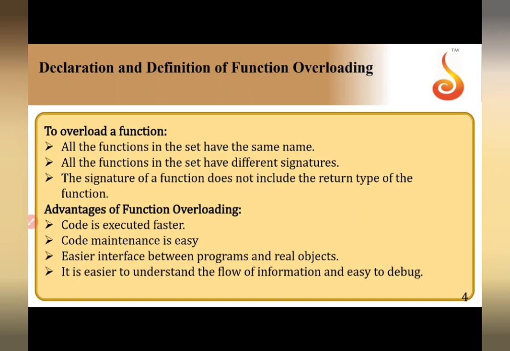Code is executed faster, it is easy, and one more advantage is you don't have to remember many names, because you can use the same name with a different signature. So it becomes easy to debug also, because when multiple names are involved it is difficult, but with the same name you can easily understand, retain that information, and debugging becomes easier. The signature of the function does not include the return type.